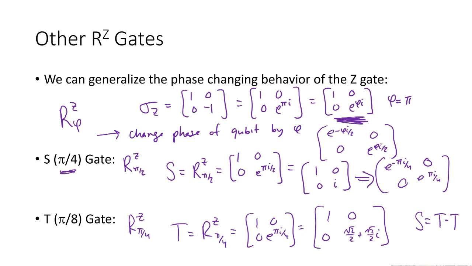Okay, the T gate is the pi over 8 gate, and it's shorthand for the RZ pi over 4. So analogous to what we just saw for the S gate, the T gate, RZ pi over 4, is just equal to 1, 0, 0, e to the pi i over 4, which is equal to 1, 0, 0, square root of 2 over 2 plus square root of 2 over 2 i.